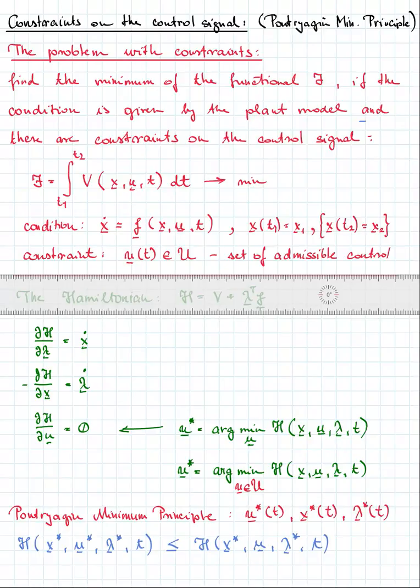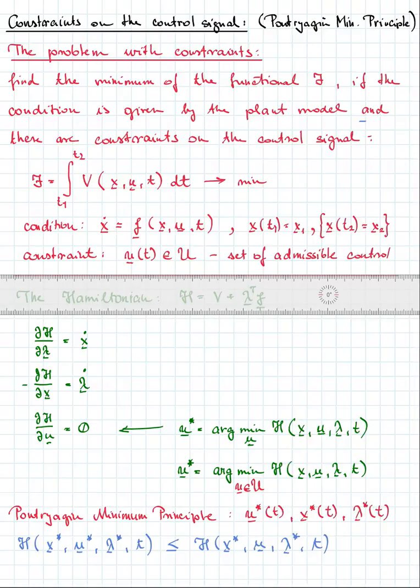And finally, we have got some constraints on the control signal u(t), and u(t) must be in the set U, the capital U, and this capital U denotes the set of admissible control. It's very, very important to see that our control signal must be in a set.